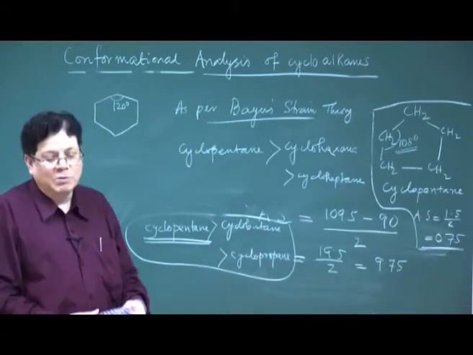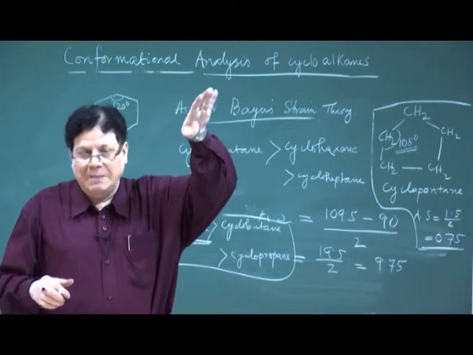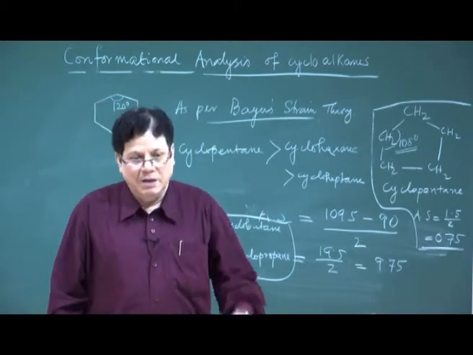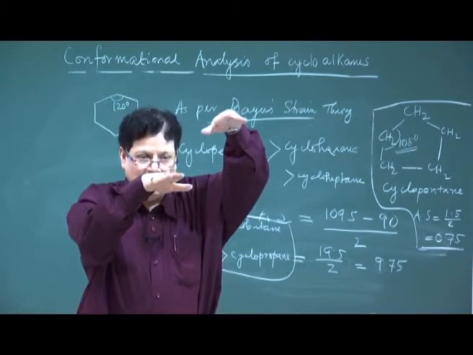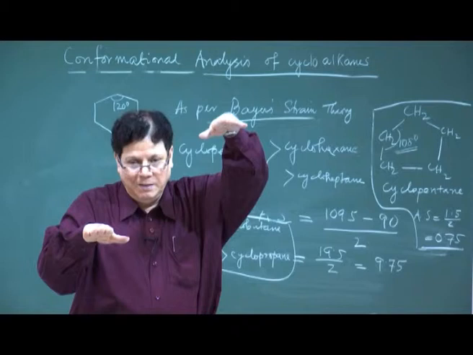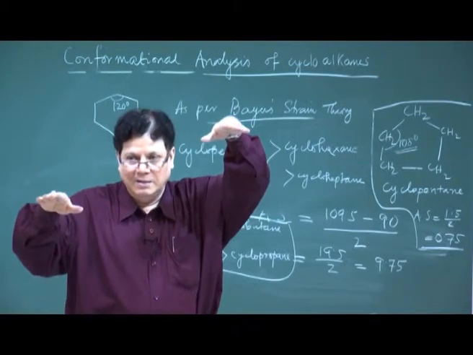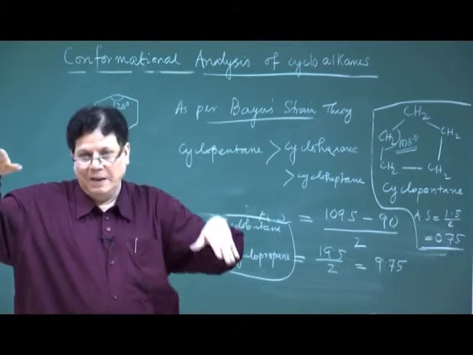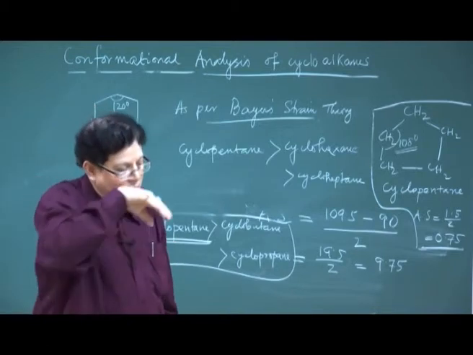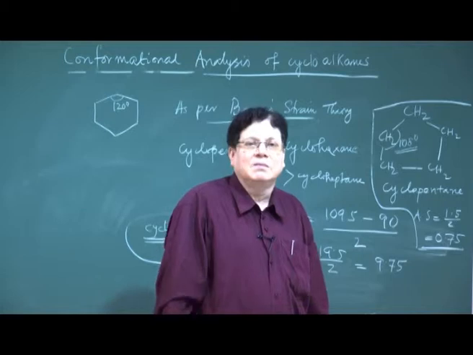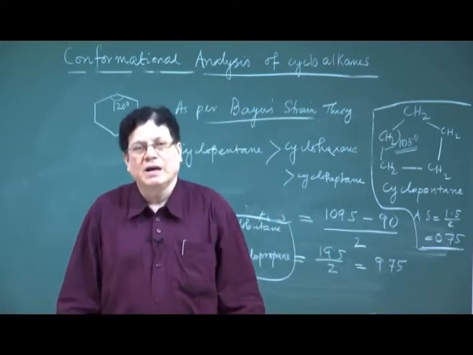So, if you try to draw a graph about the stability of these systems, if cyclopropane is here, then cyclobutane, then cyclopentane, then cyclohexane, then cycloheptane, cyclooctane. So, again it rises, the angle strain, but in the actual case that does not happen.